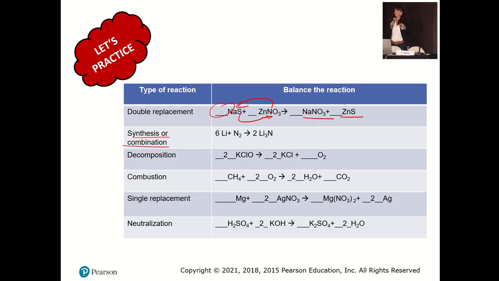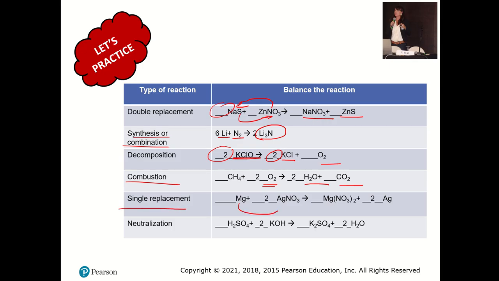Synthesis or combination, so we have 2 elements on one side and there's one substance on the other side. Decomposition, so we decompose, we break down the substance. So now I have potassium chloride and oxygen, and now it's well balanced. Combustion, we didn't talk about combustion, but when they have a combustion, we're normally going to see oxygen on one side and the water and the CO2 on the other side. Single replacement.